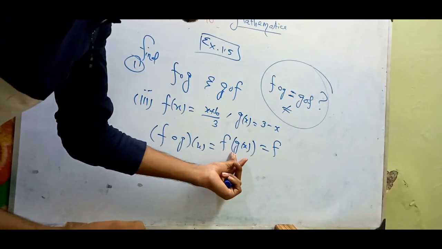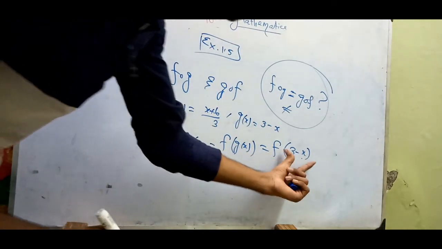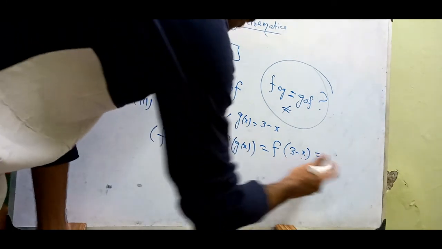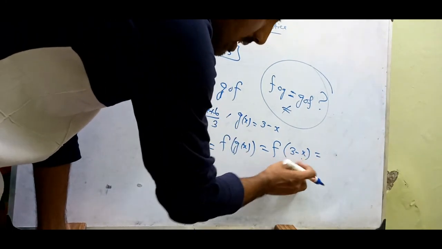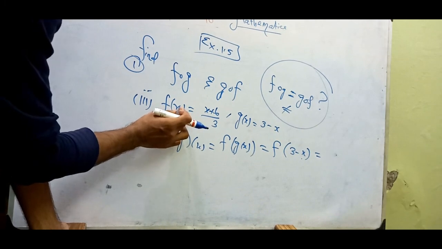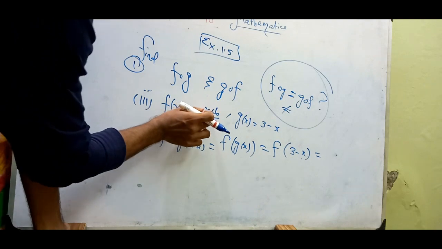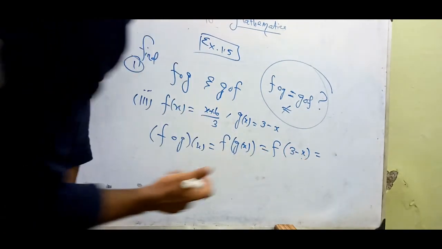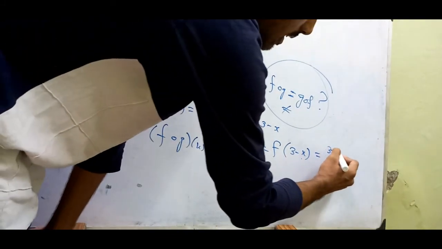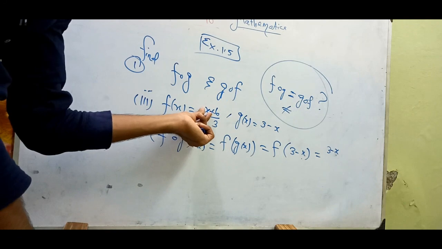Just substitute g of x in the bracket, and that is 3 minus x. Now operate f on g. If you operate f by g, you just need to replace x wherever it appears. So in the x position, I am going to substitute 3 minus x.